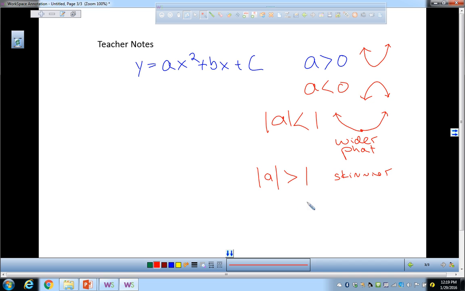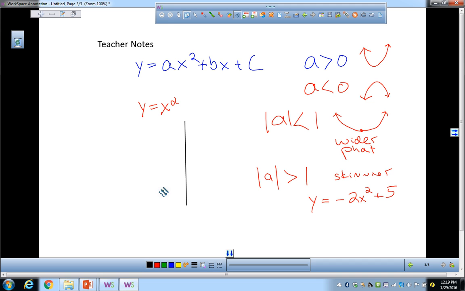So for example, if you have y equals negative 2x squared plus 5, compare that to the graph of y equals x squared. We could do this on a calculator, but if this is a graph of y equals x squared, then compared to that, what's y equals negative 2x squared going to look like?